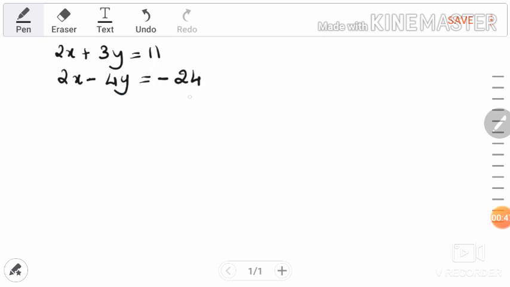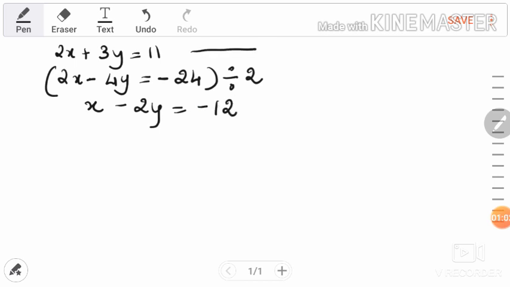So there is a common factor. We can divide this equation by 2 and reduce it. So we get x minus 2y equal to minus 12. Now we will label our equations 1 and 2.